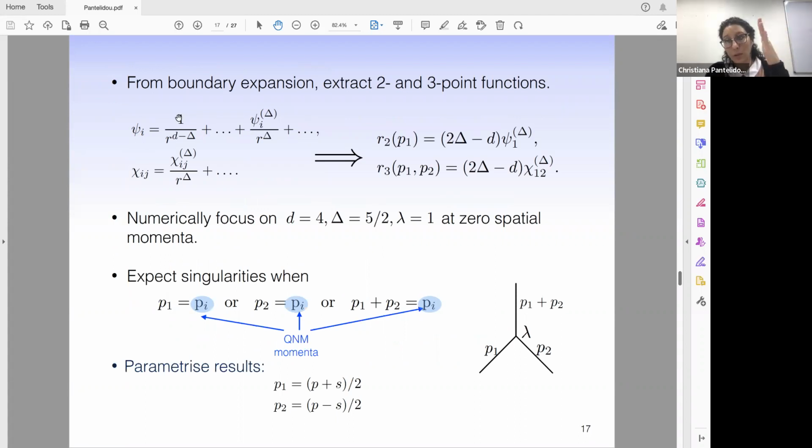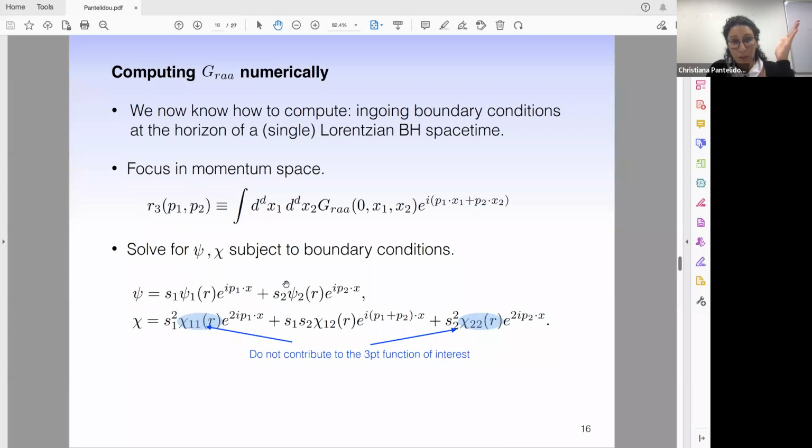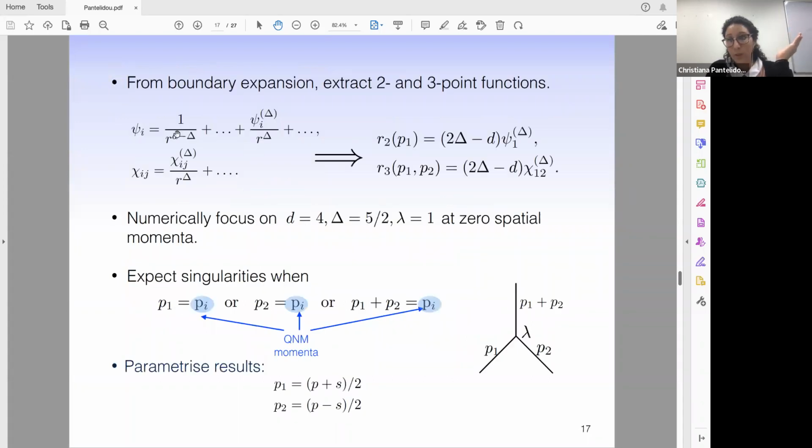But remember, we've already made the amplitude of these modes explicit here, so the source we can set to 1. And then we also have a vev, psi I, and it appears at the appropriate order given the mass of the scalar field we're considering.